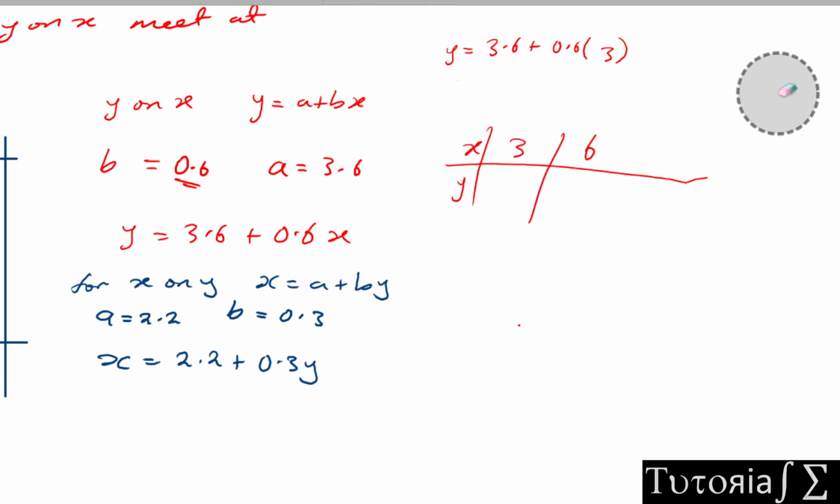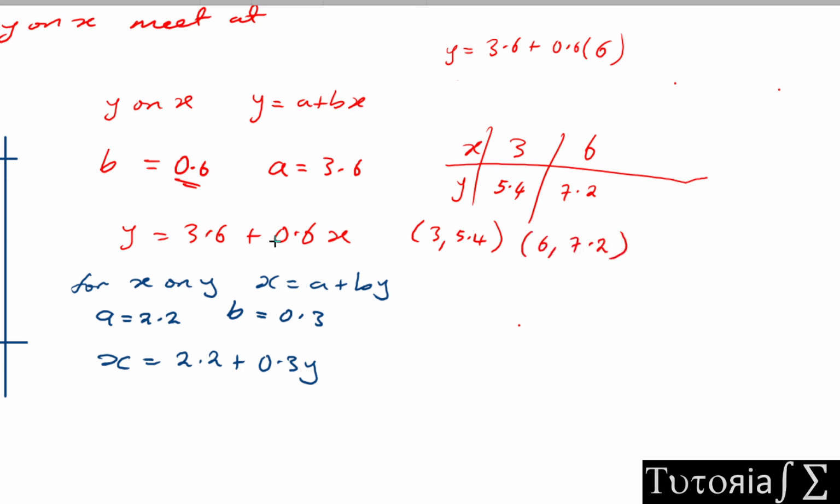Then we do the same for x equal to 6. When we simplify this, y will be 7.2. So our coordinates for this line will be 3, 5.4, and 6, 7.2.